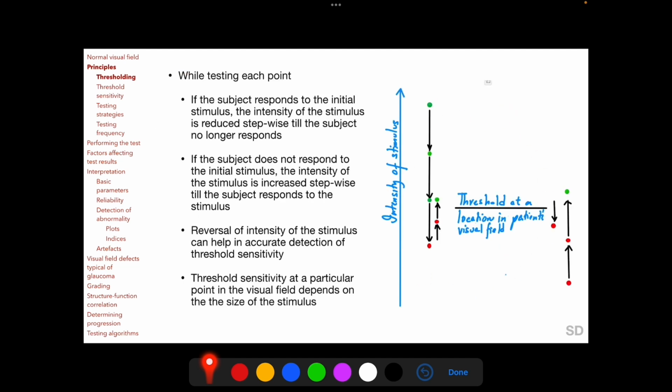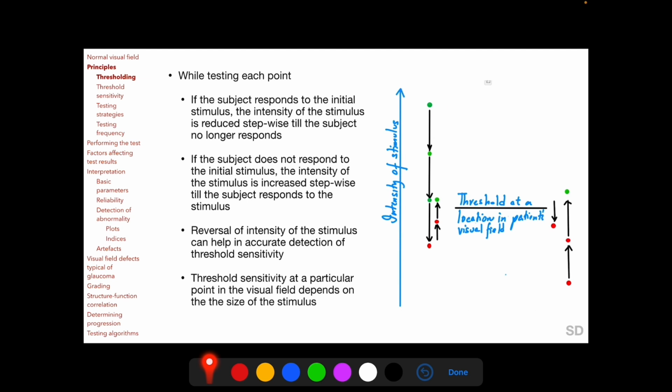In this diagram, this line represents the threshold sensitivity at a particular location in the subject's visual field, and these lines represent the change in the intensity of the stimulus presented at that particular location.